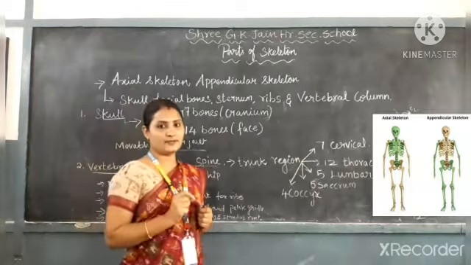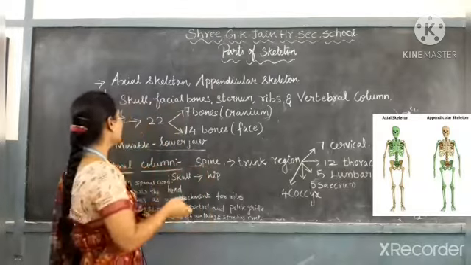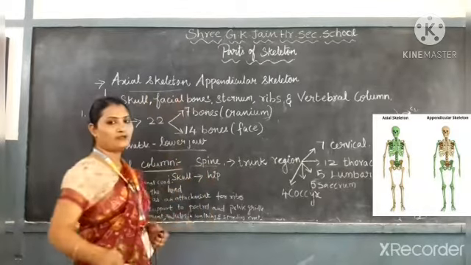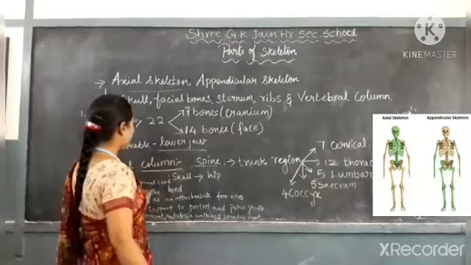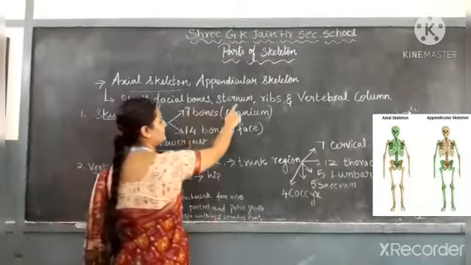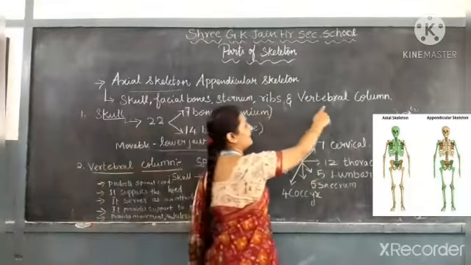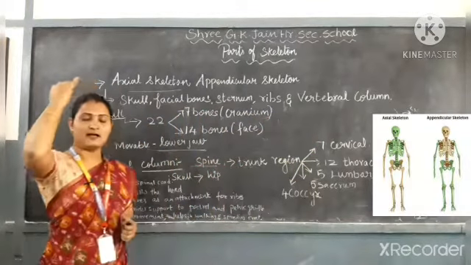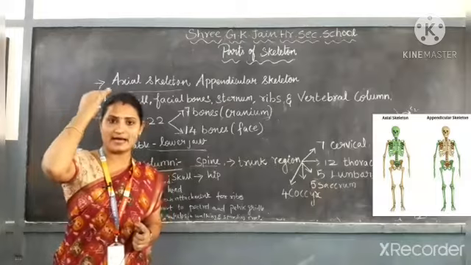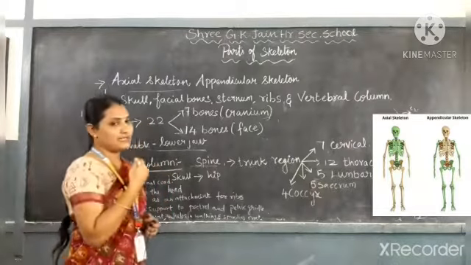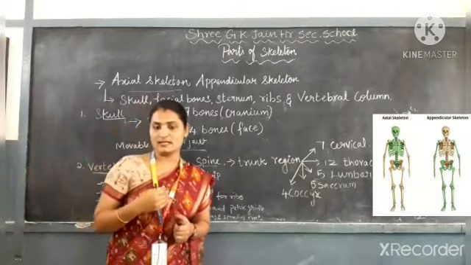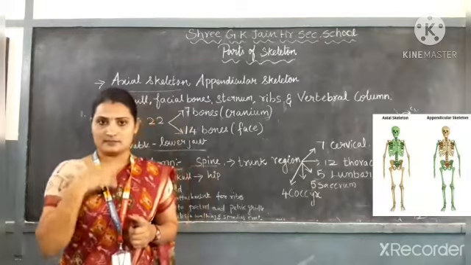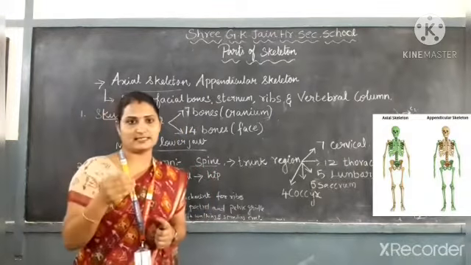So first in this video we are going to see what the axial skeleton is. Here we have the skull, facial bones, sternum, ribs and vertebral column. Skull means our head. The sternum bone is located at the breast part, in the chest region.